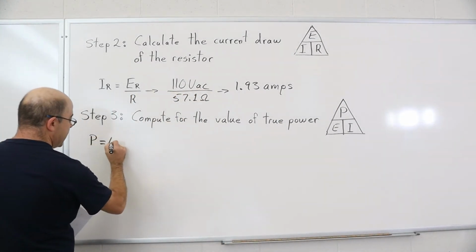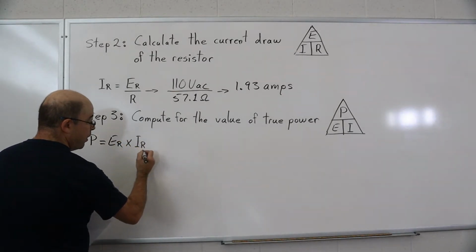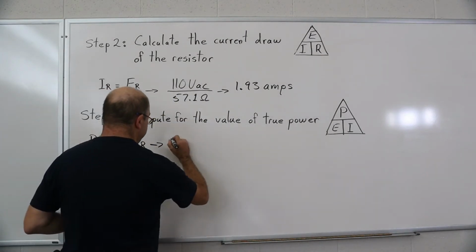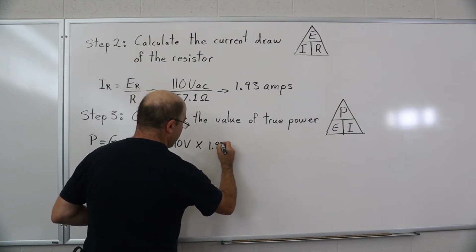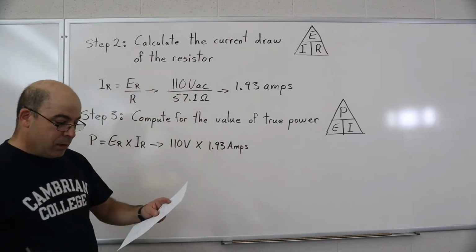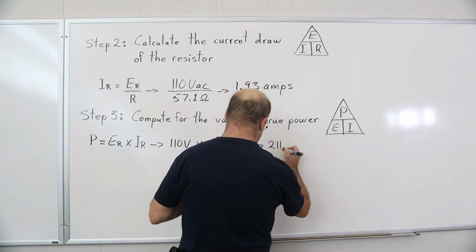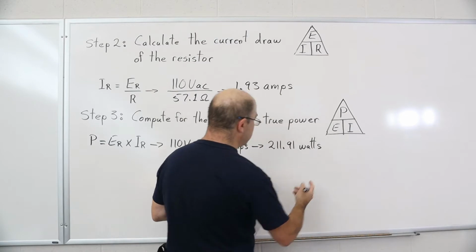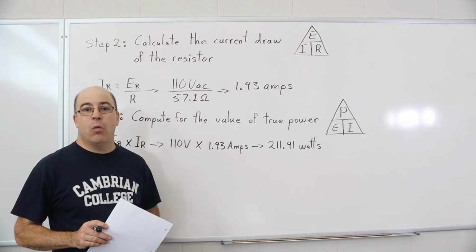P is equal to E sub R multiplied by I sub R. Let's input our values. And the answer should be 211.91 watts.